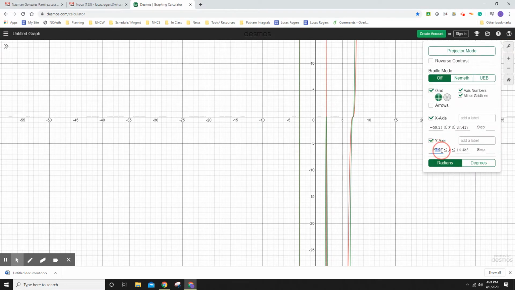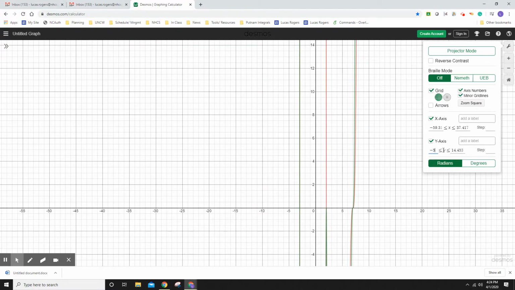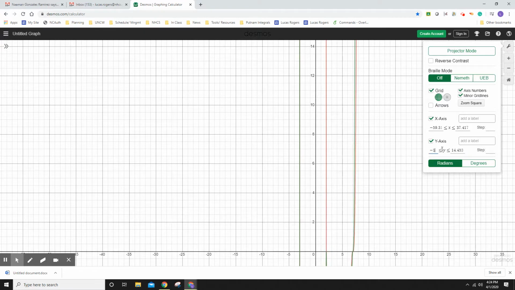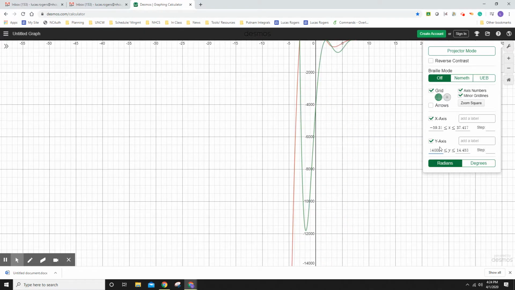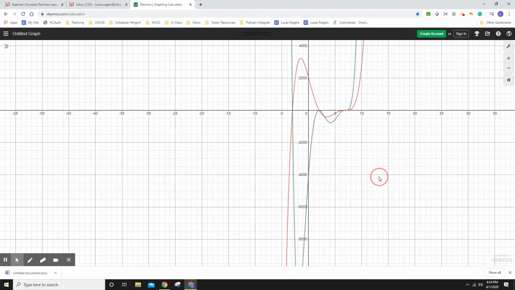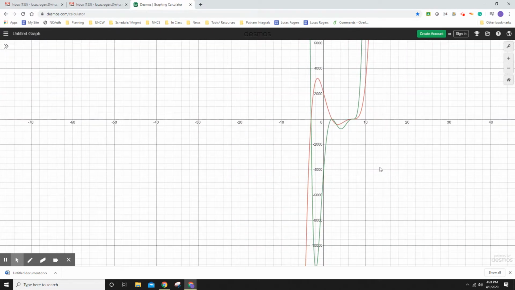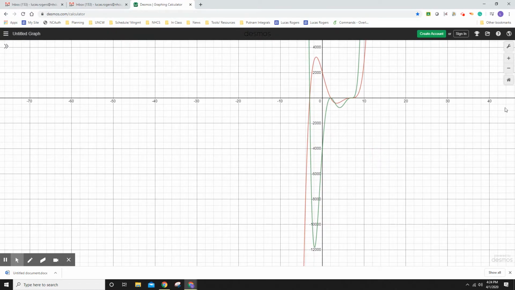And if we go in and edit this again, to get a little bit better view of what that looks like, let's say we go down just a little bit. And we go up just a little bit higher. Just trying to get a better view of the way this picture should look, so that we can see all these key features here. All the turns and twists and things like that that happen.